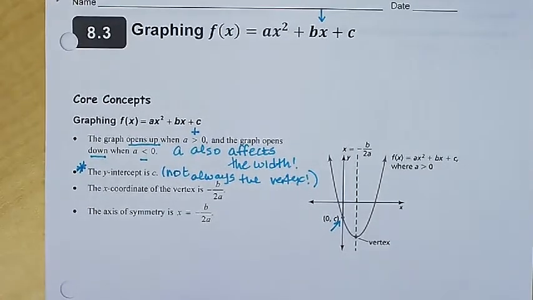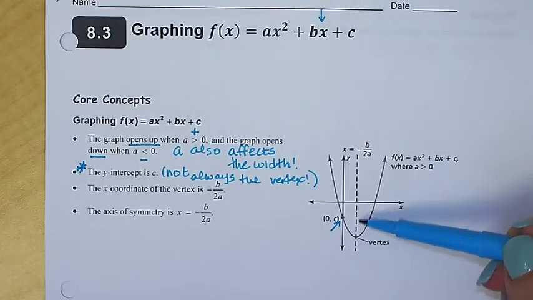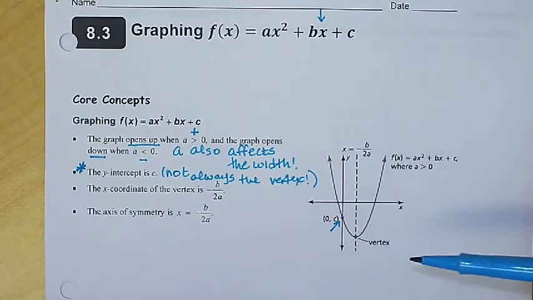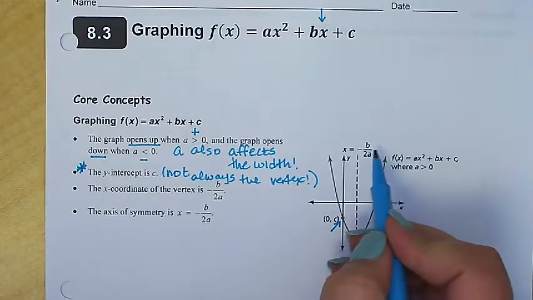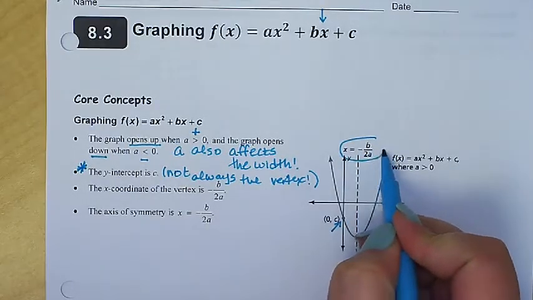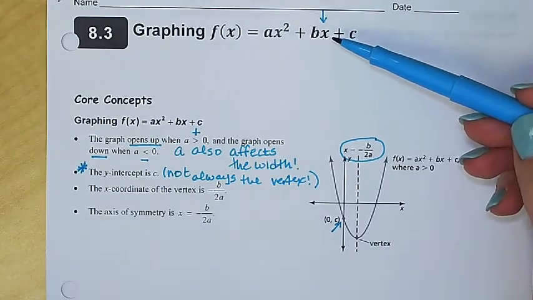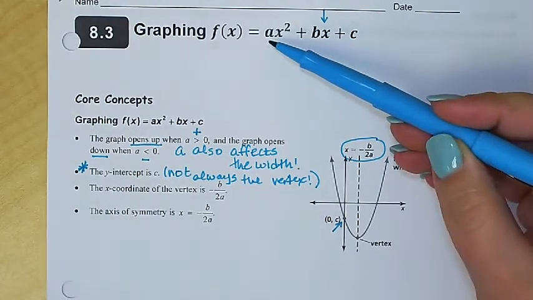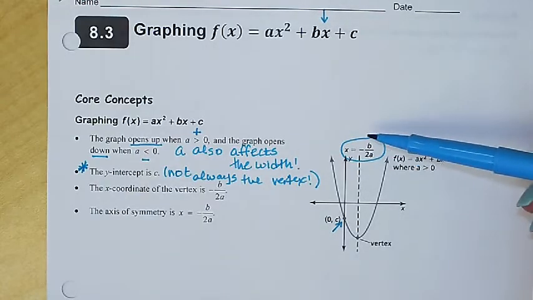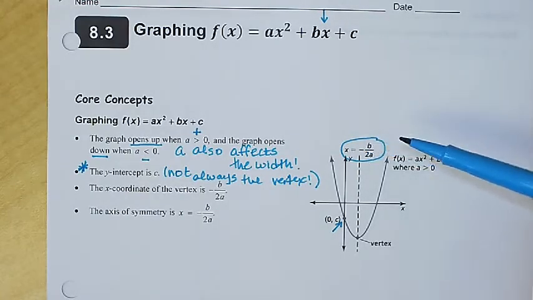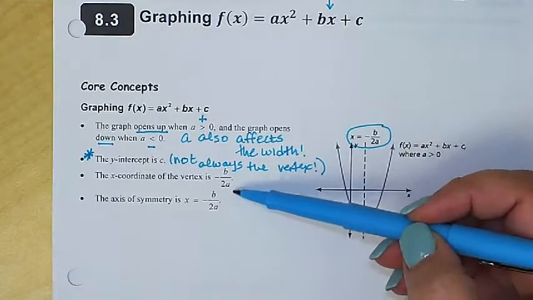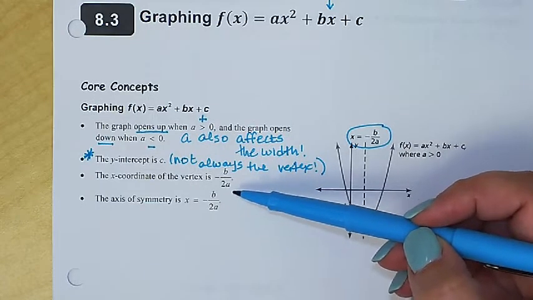So when we start to move this from side to side, how do we find these really key features like the axis of symmetry and the vertex? Well, it all comes down to this equation right here. As long as we have our quadratic in standard form, and we can identify what a and b are, we can insert them into this equation, and that equation will give us two really key pieces of information.